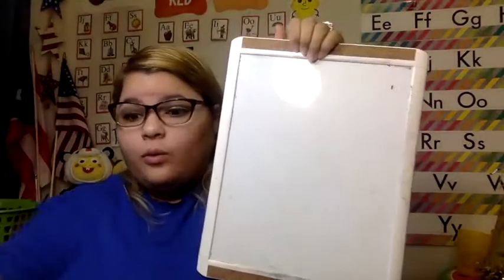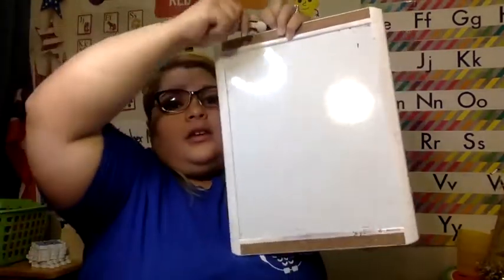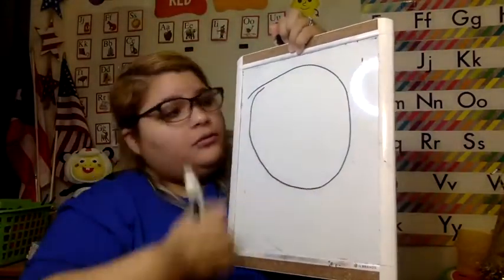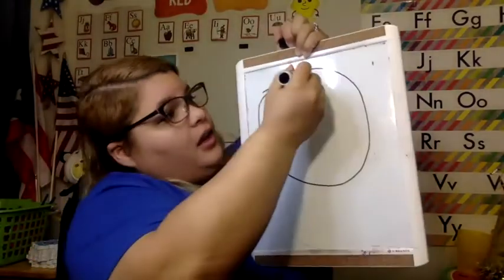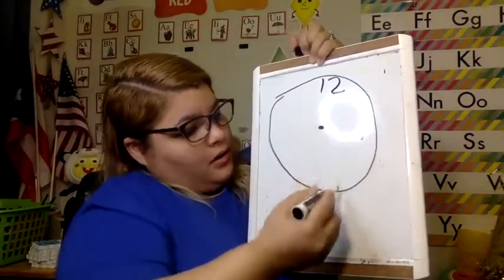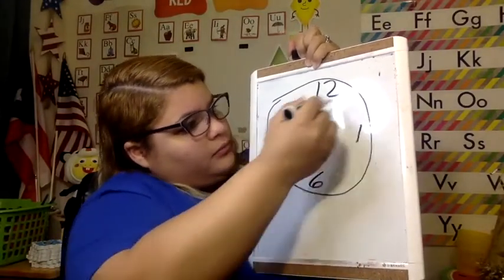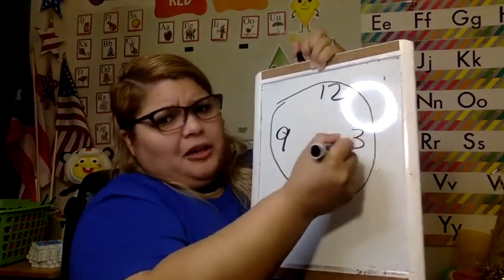First, we have the analog clock. It's a clock that is usually round and it has numbers. Sorry, it's a 3 here.